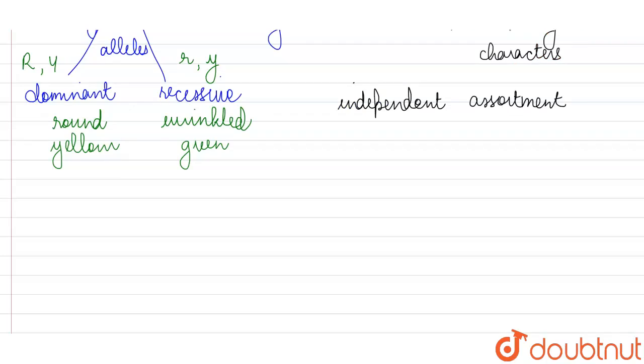So what is going to happen is, we cross these plants having the given genotype, we cross these hybrids to produce the F2 generation, and we are going to produce 4 different types of phenotypes in the ratio of 9:3:3:1, which is characteristic of any Mendelian dihybrid cross.